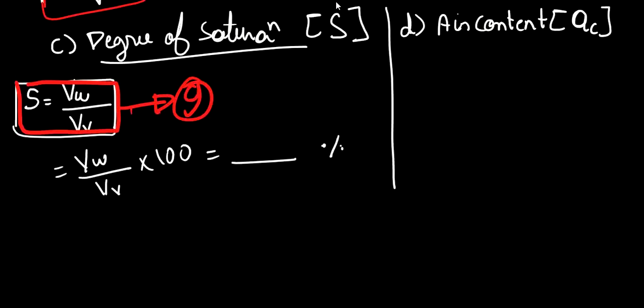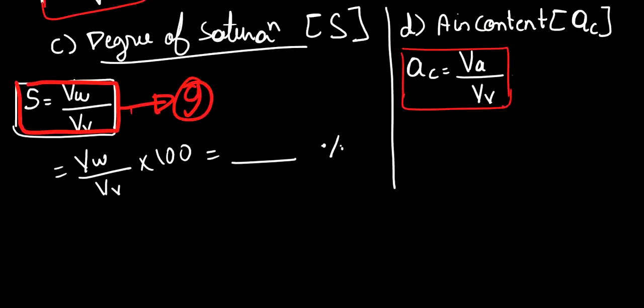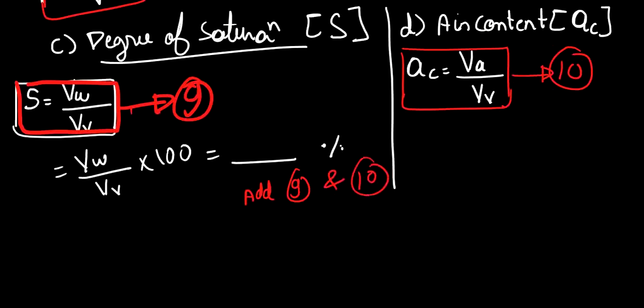Air content is volume of air upon volume of void. Let's number this as relation number 10. Now I'll just add equation number 9 and equation number 10.